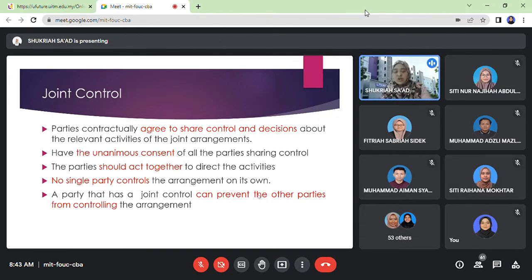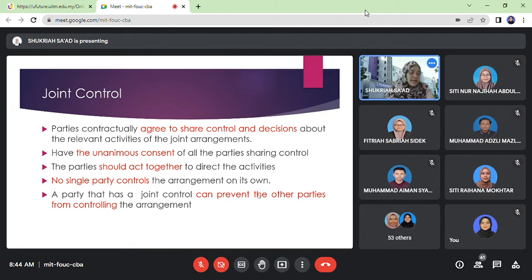So what is joint control? If you refer to the textbook, you can refer to page 505. Joint control exists when the parties contractually agree to share control and decisions about the relevant activities of the joint arrangement.